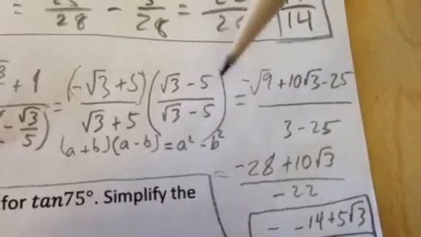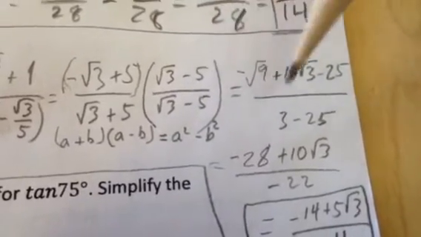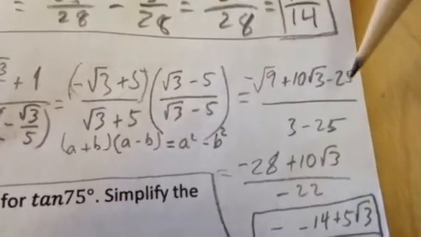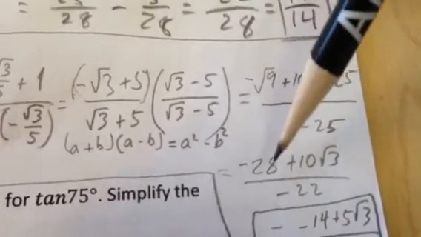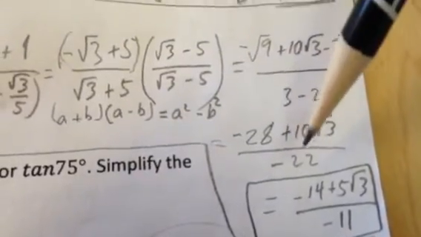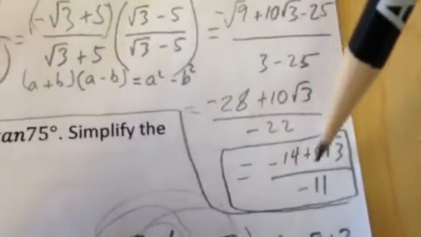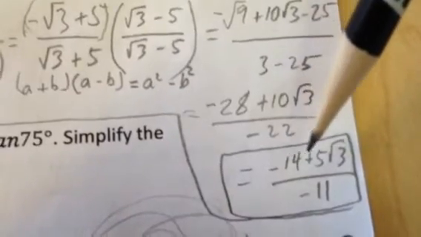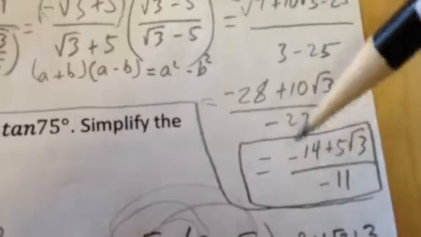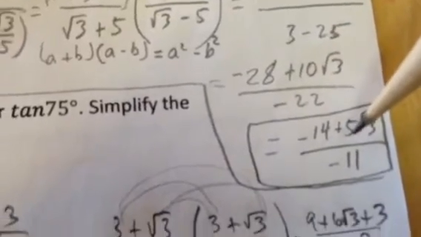Okay, I have to think about that for a second. That reduces down, since that's just a negative 3. Negative 3 and negative 25 is negative 28. So I have negative 28 plus 10 root 3 over, and my denominator was negative 22. So that fraction does finally reduce down a little bit to negative 14 plus 5 root 3 over negative 11. I could go further and mess with these negative signs here, but I'm just going to leave it like that.